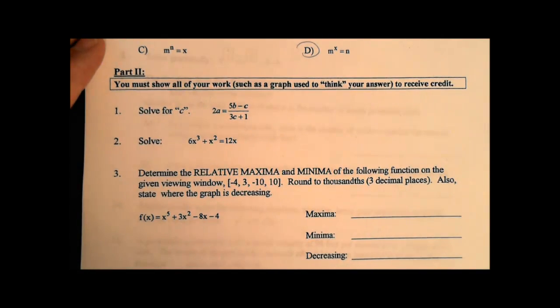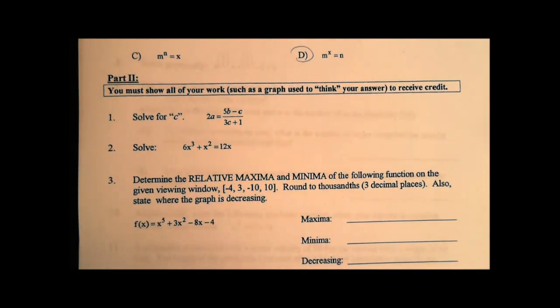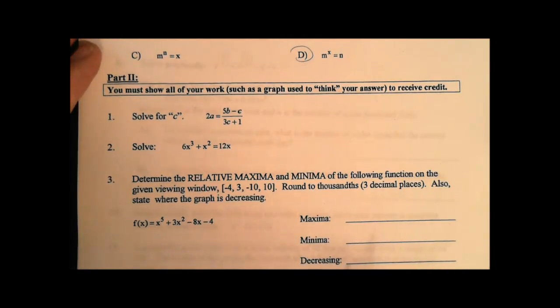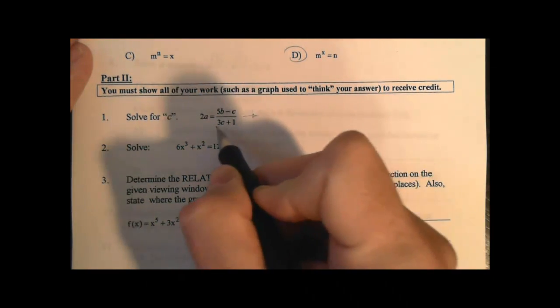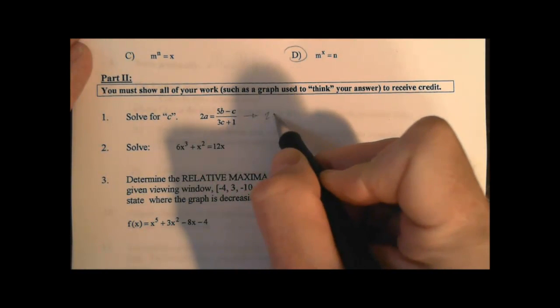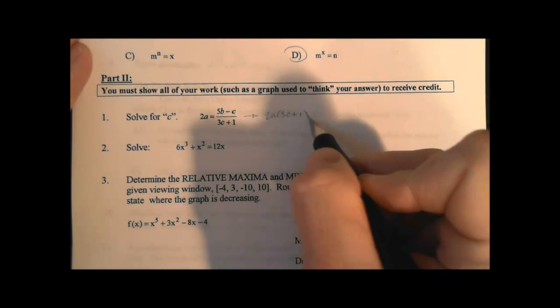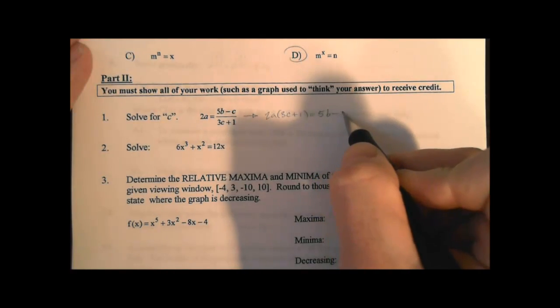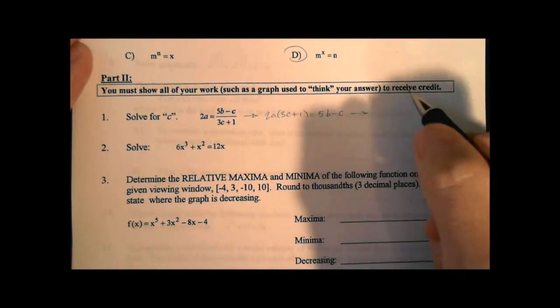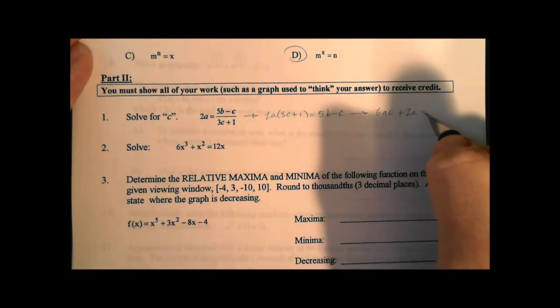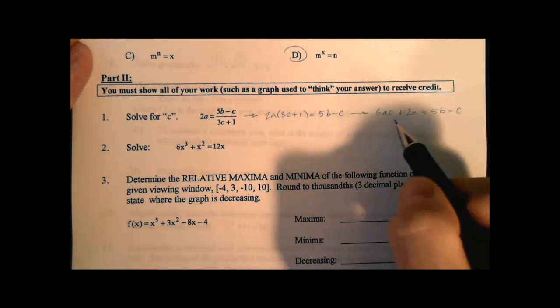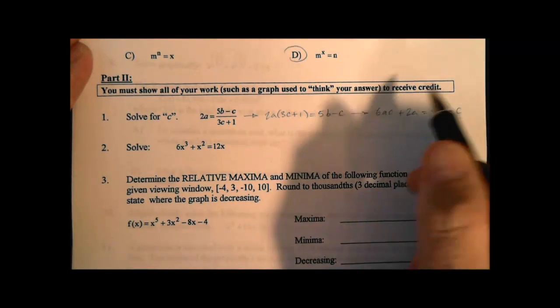This first one, part 2, free response. Show your work, such as a graph used to think about your answer, etc. In this case, we're solving for c. We can see it in the denominator. We're going to multiply both sides by the LCD. So we get 6ac plus 2a equals 5b minus c. The terms involving c are here and here.